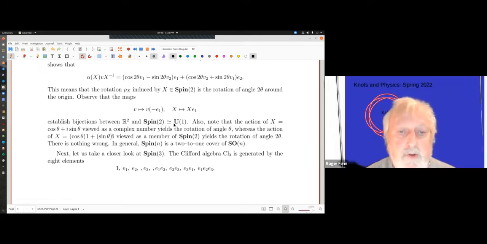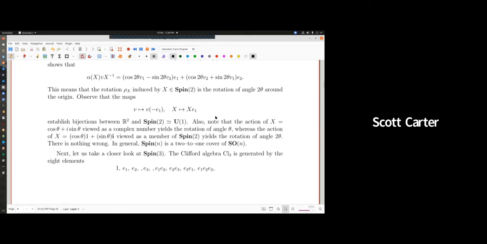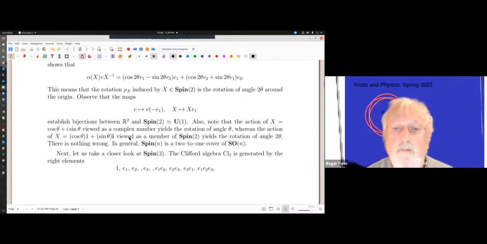But spin 2 is definitely U1. I think this should perhaps be rotations of R2. So maybe that was left out there. Okay. I'm glad somebody's awake.